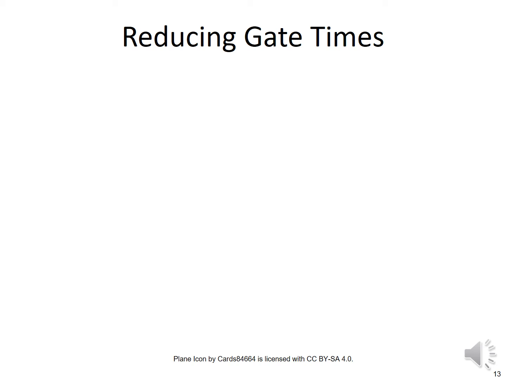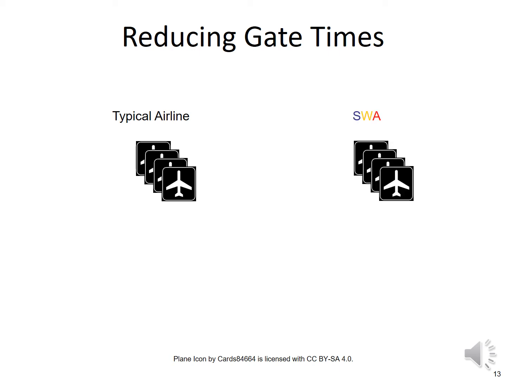For example, with the lengthy gate times that are typical in the industry, an average airline might be able to schedule 4 flights per day for 1 plane. By contrast, the minimum gate times allow Southwest to not only schedule equal to a typical airline, but they can also fit in even more flights as a result. In addition to this increased cash flow, this unique approach optimizes the company's cost structure.